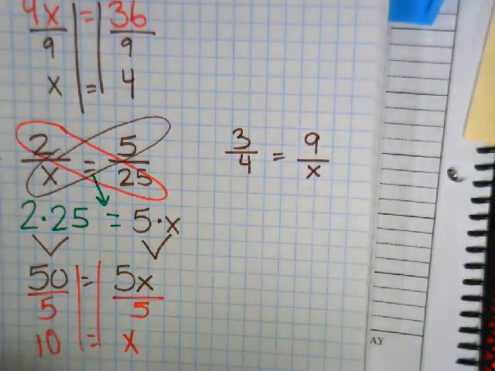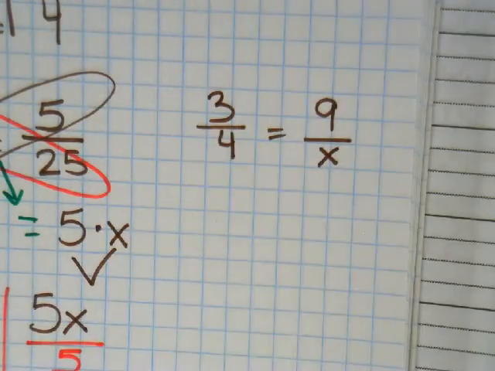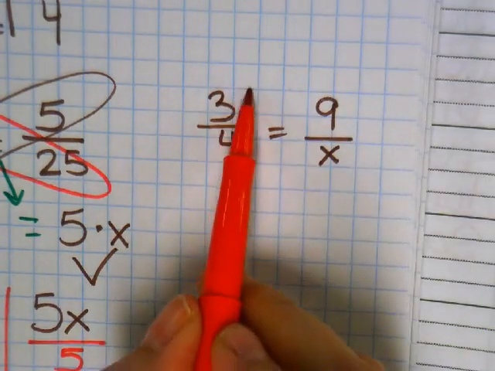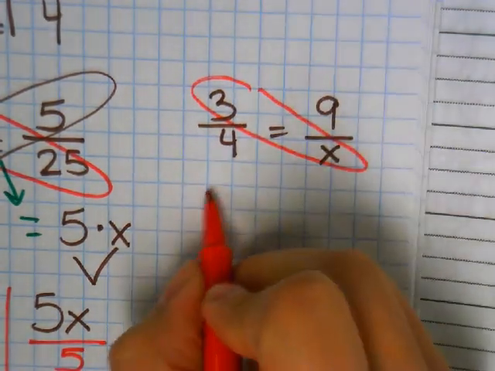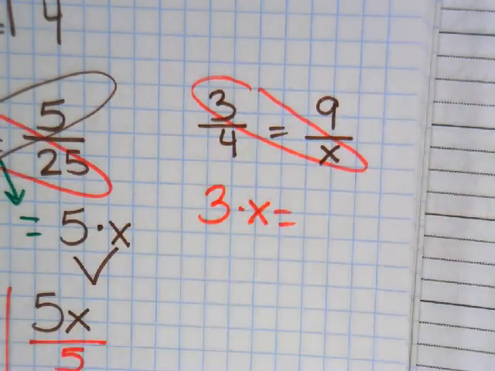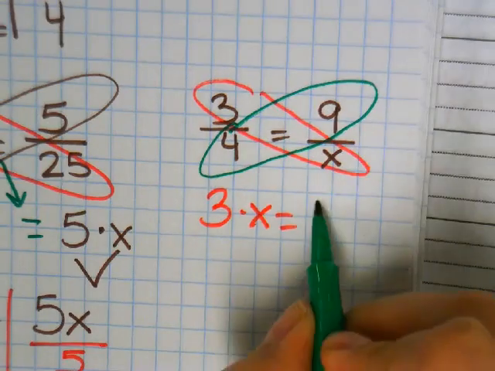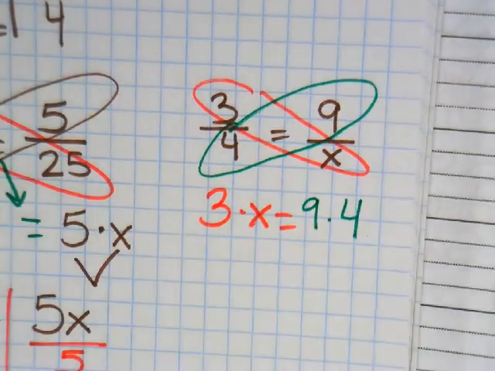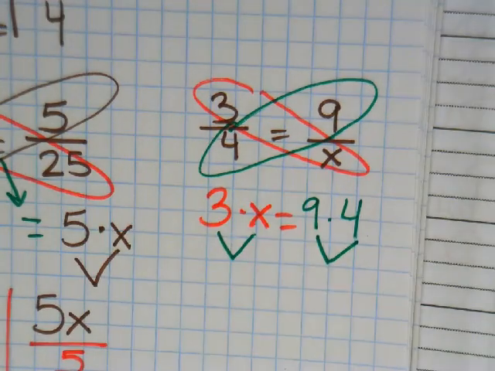Okay, Leandro, ignore him. All right, first circle. What's in our first circle? 3 times 6. Second circle, what's in our second circle? 9 times 4. What's 3 times x? 3x.